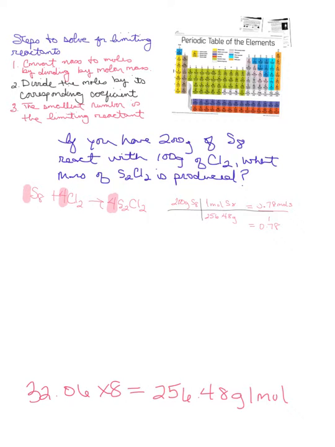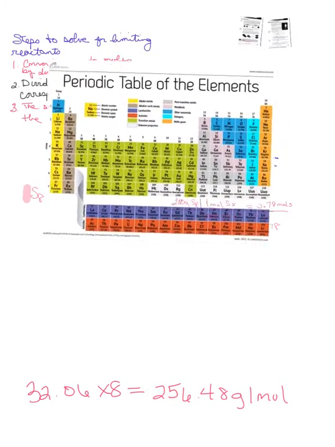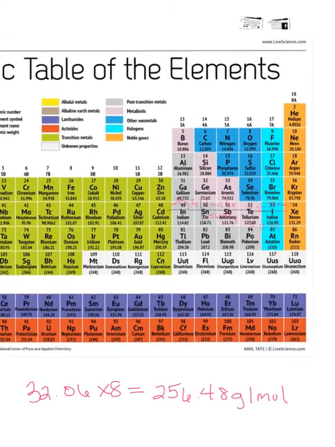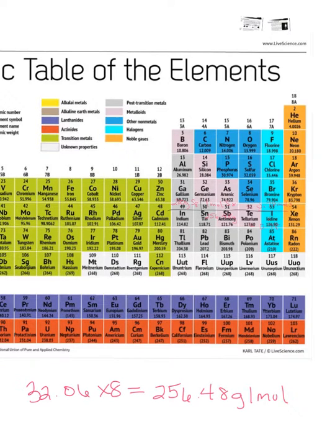Okay. So for chlorine, again, we need to figure out my molar mass for chlorine before I start. It's just easier to do it first. According to my periodic table here, chlorine is 35.446 grams per mole for 1 chlorine. I'm going to round this to 35.45.